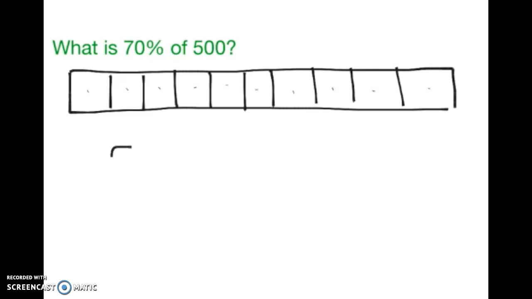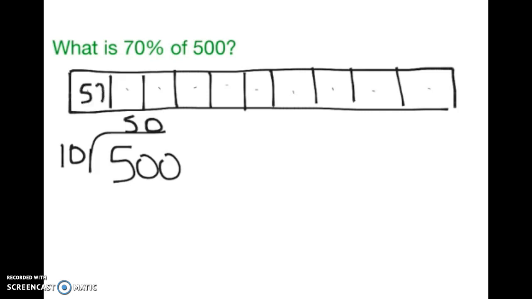We would have to divide 500 by 10 to figure out what each section equals. And as we can see, it's 50. So each one of these sections equals 50.